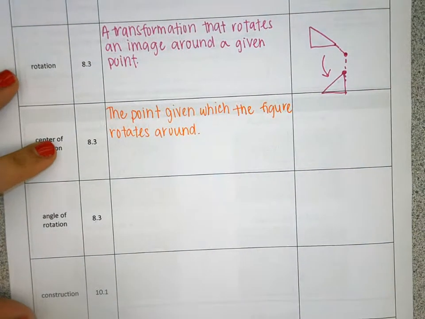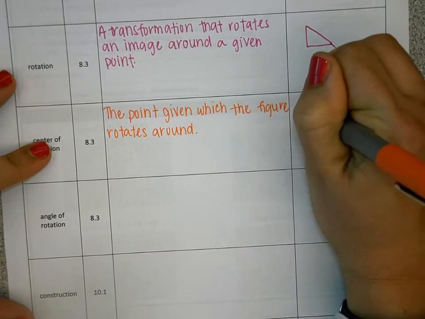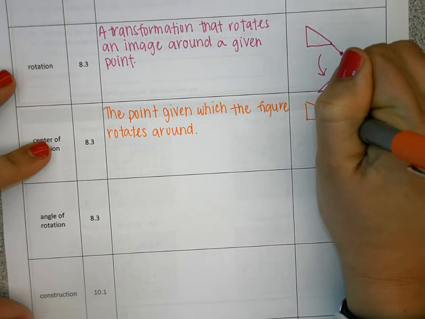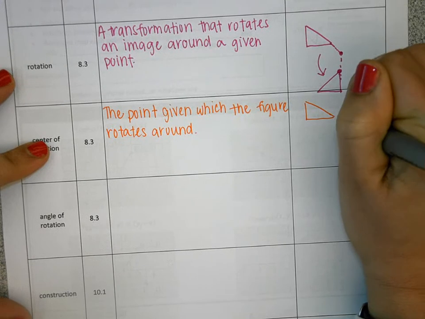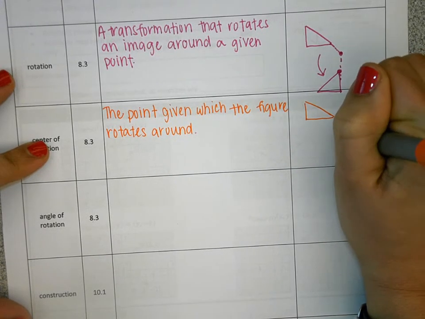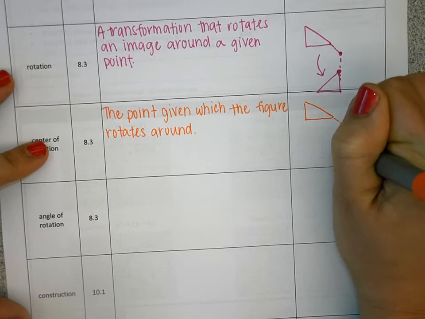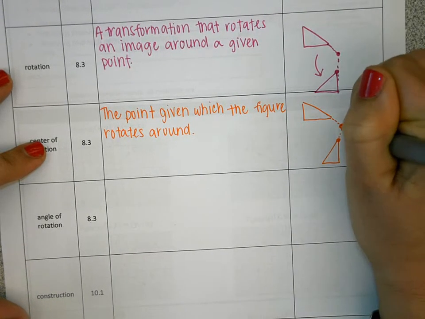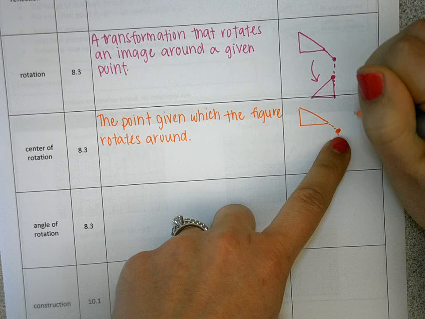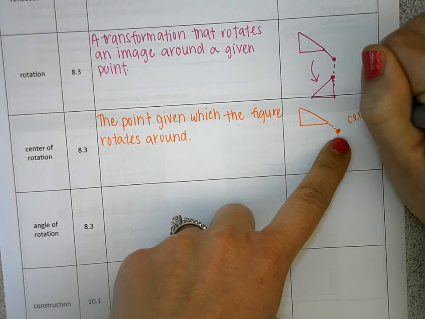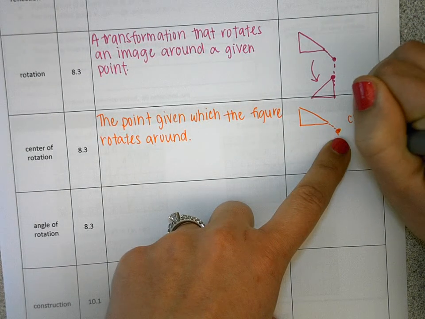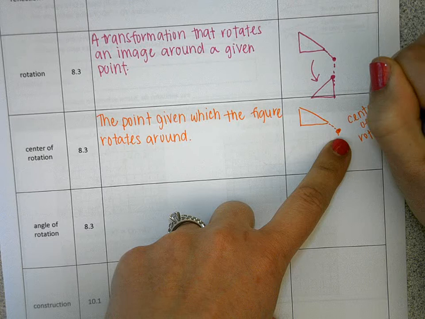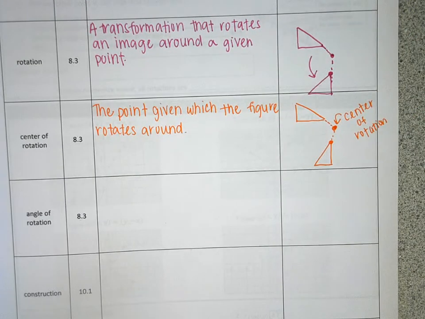So in our picture, I'm going to try and do a better job. Would look like this. Your center of rotation would be right here. So the point that you're rotating around. Okay.